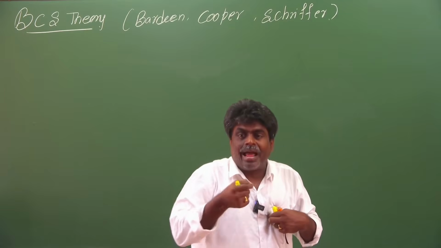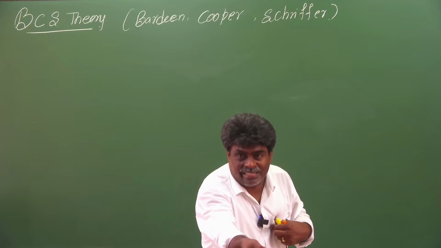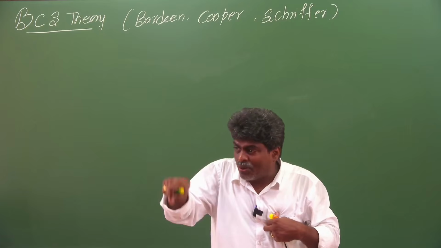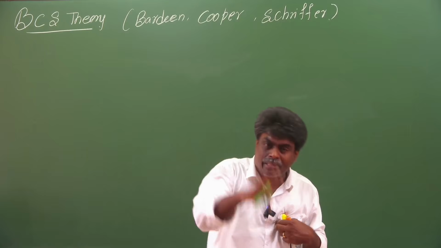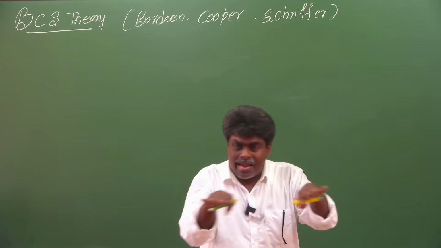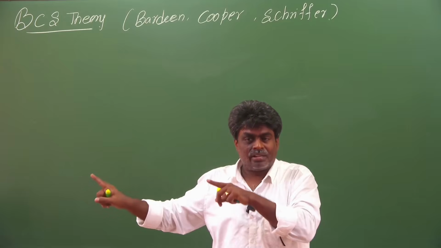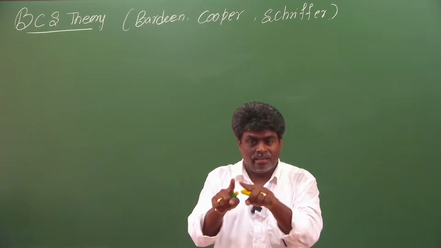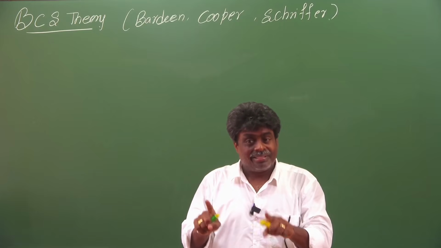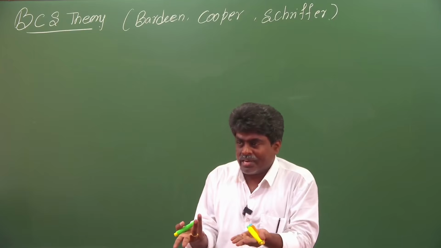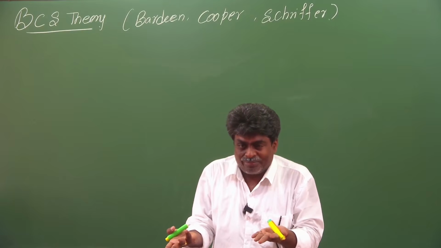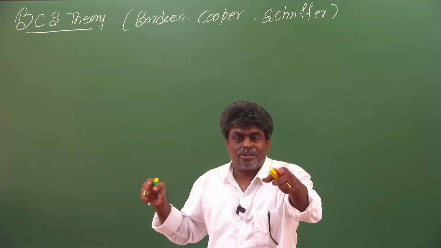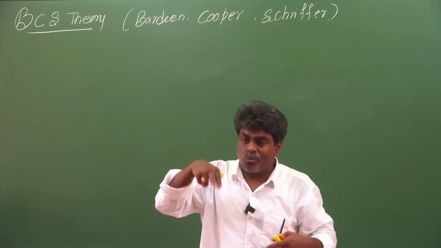It is attracting the next lattice site, the next positive ion core. Then it is disturbing the positive ion core, and then the entire lattice will be disturbed. Then the lattice vibration starts. Then what do you get? Phonons. So those two electrons are interacting with phonons.